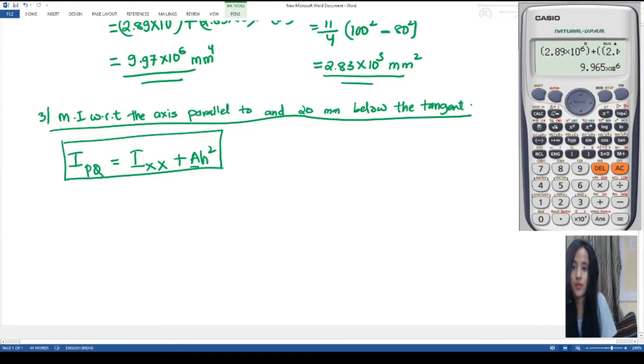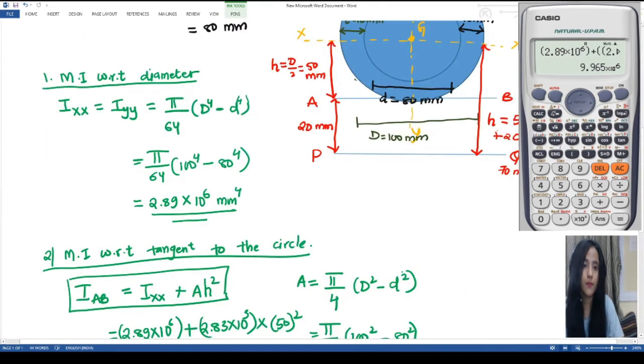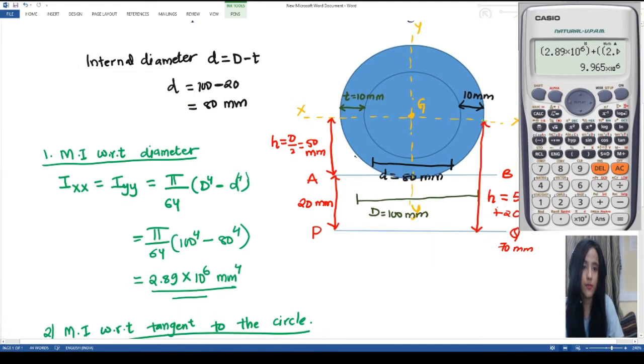Again, area of the circle will remain same, only the h will change here. The h that we got was 70 mm. This 70 mm is the distance from this x-axis to this line PQ, which is running parallel with x-axis. From here to here it was 50, and from here to here 20. So 50 plus 20 equals 70 mm.